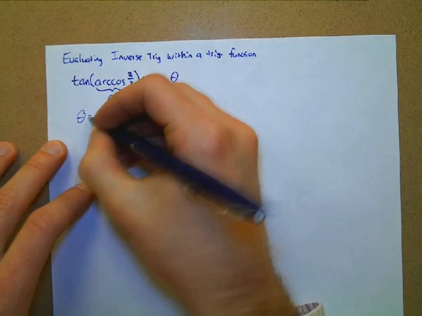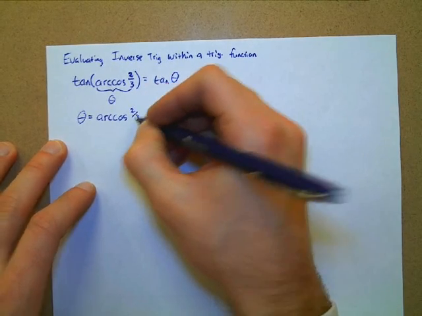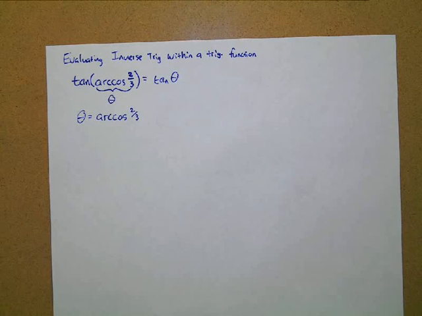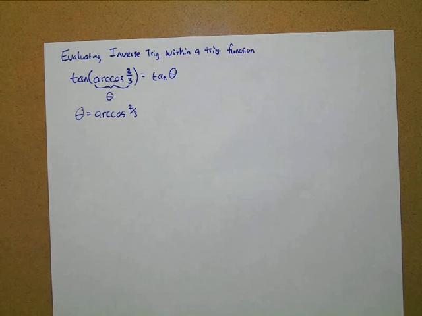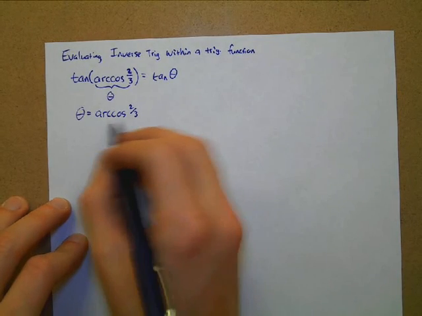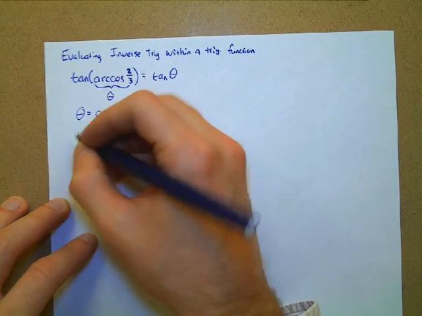But how can we do that? Well, we're not so comfortable with this arc cosine of 2/3 business, but if I take the cosine of both sides, the cosine and the arc cosine cancel out, and I'm left with 2/3. And again, we're like, 2/3, that's not even one of our ratios, Mr. Wickmeyer.